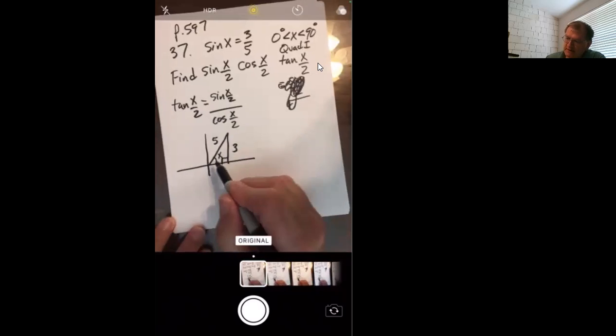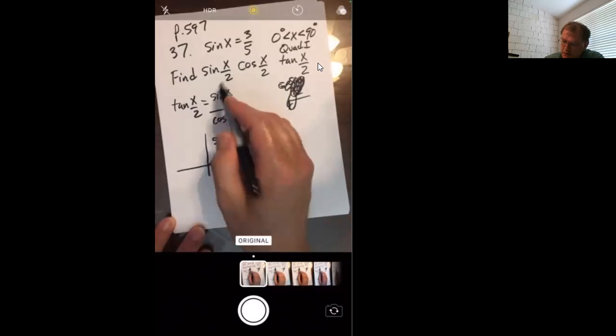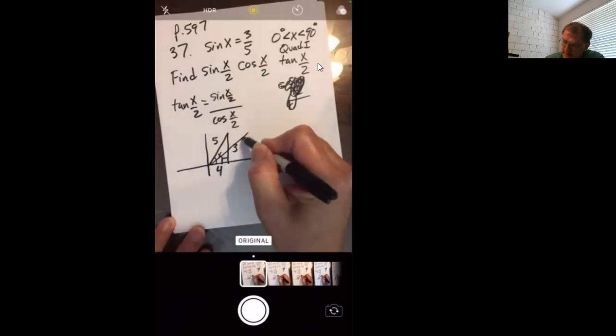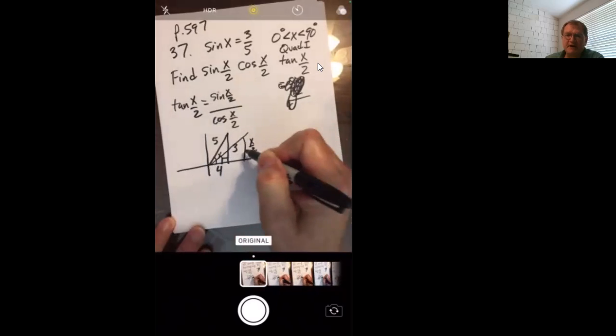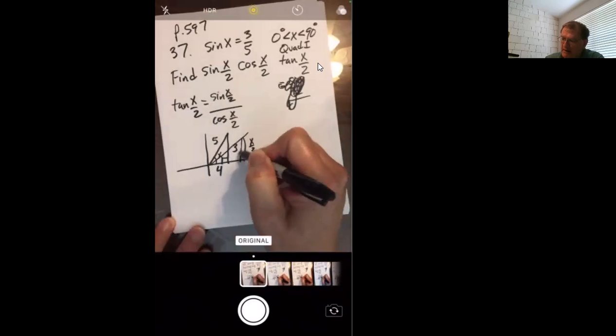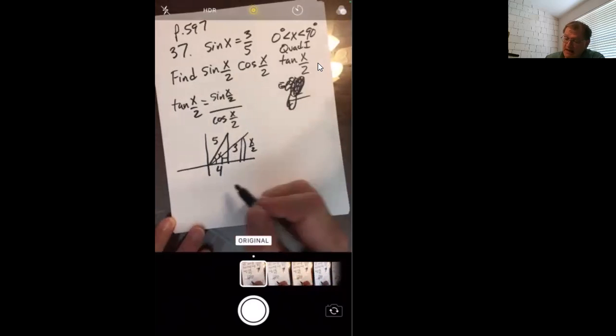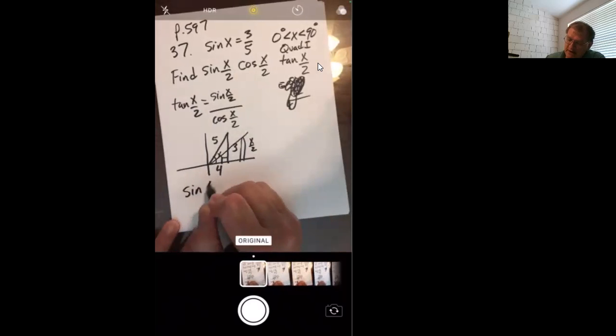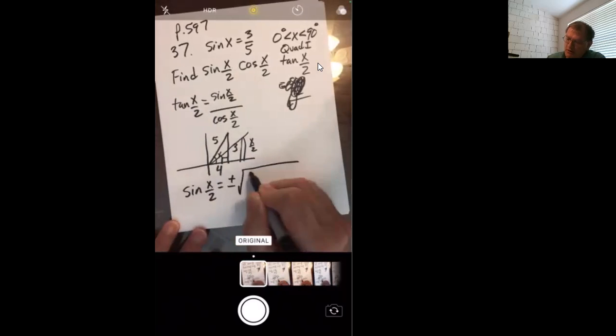See, in effect, for sine of x over 2, you're taking half of x, and we want to know what the y leg is. I'm dying to know, the suspense is killing me. Sine of x over 2, I'm sure you have memorized, is plus or minus big square root 1 minus cosine of x all over 2.